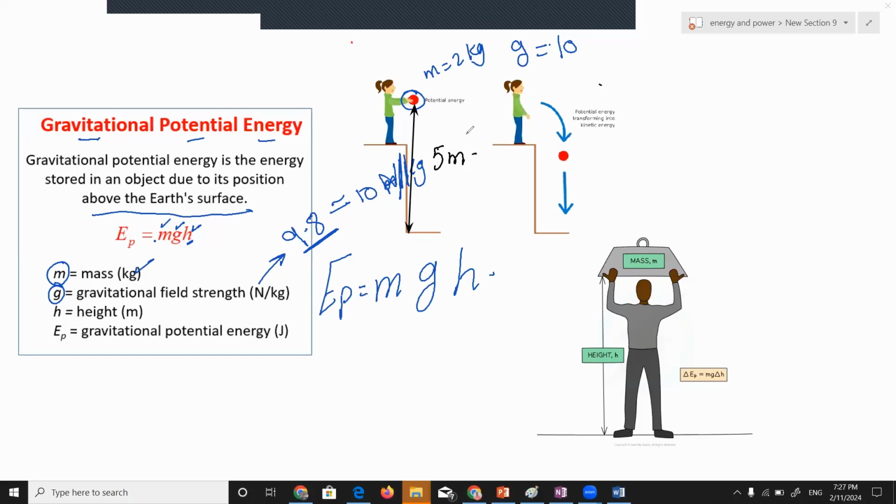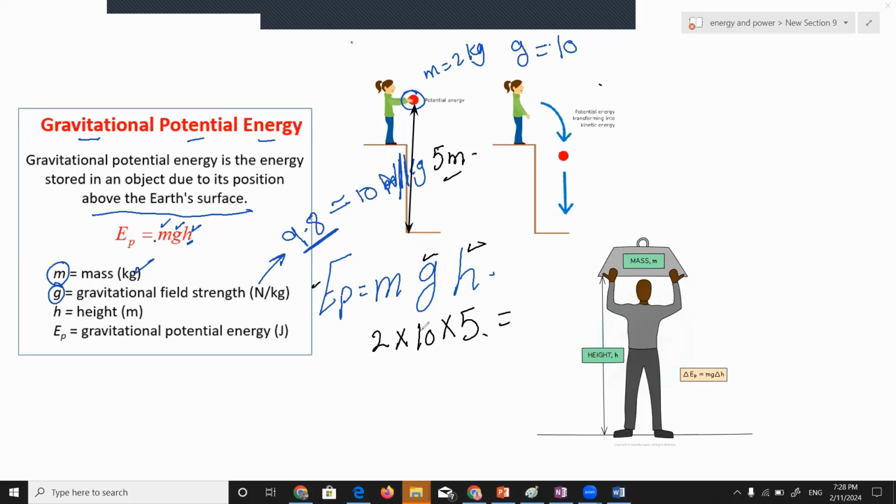Then I ask you, what is the gravitational potential energy? Gravitational potential energy is mass times gravitational field strength times height, mgh. So m is 2 kilograms, times g, which is 10, times the height, which is 5.